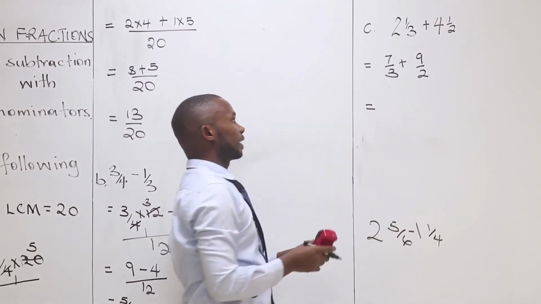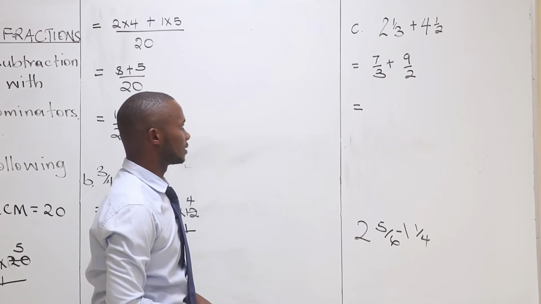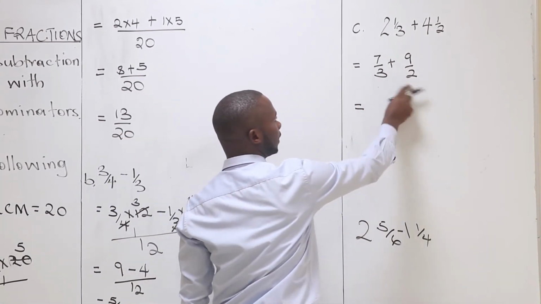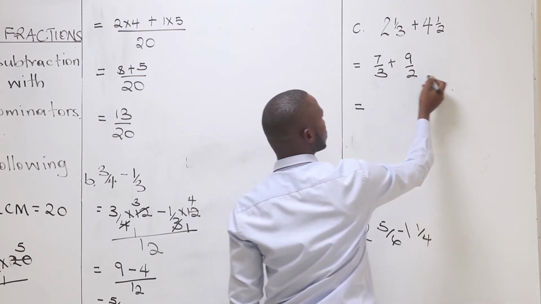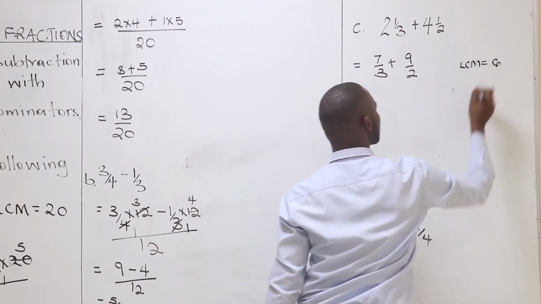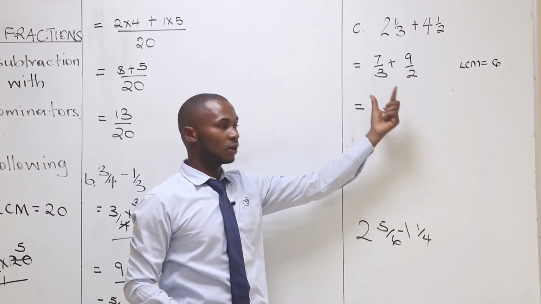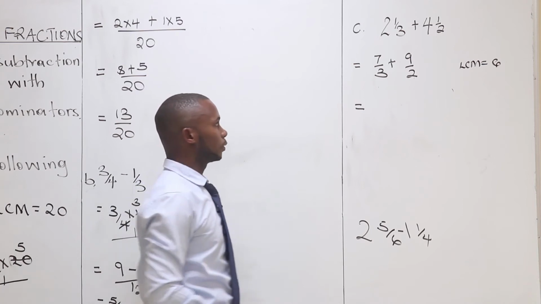Still, when you look at these ones, they have different denominators. So you need to first get the LCM of the two. The LCM of 3 and 2 is 6. When you list multiples and look for the lowest common multiple of the two, the lowest common multiple is 6.